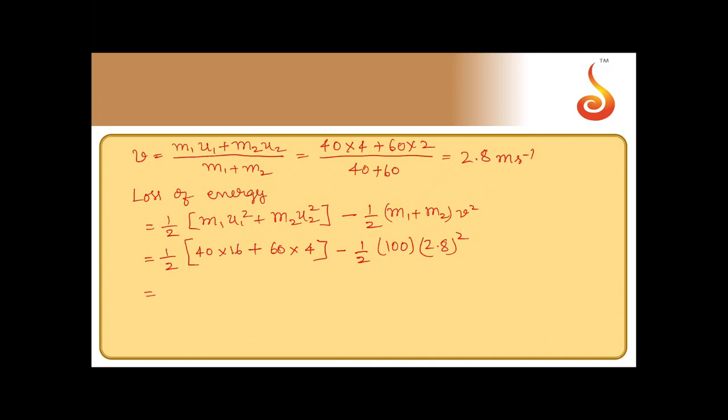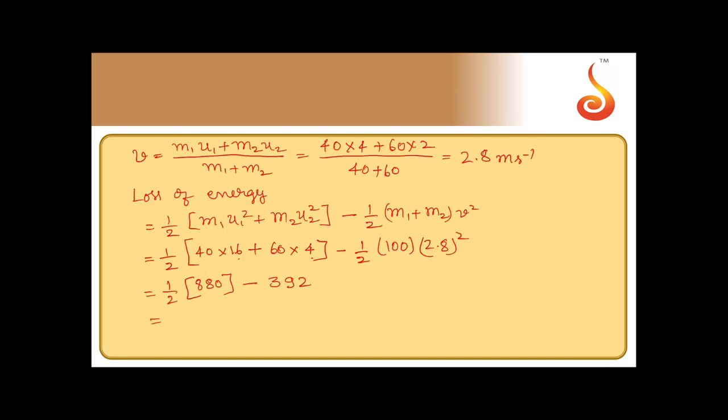So that will be half into 40 into 16 is 640 plus this is 240. 640 plus 240 is 880 minus 2.8 square is 7.84 divided by 2, 3.92 into 100, that is 392.